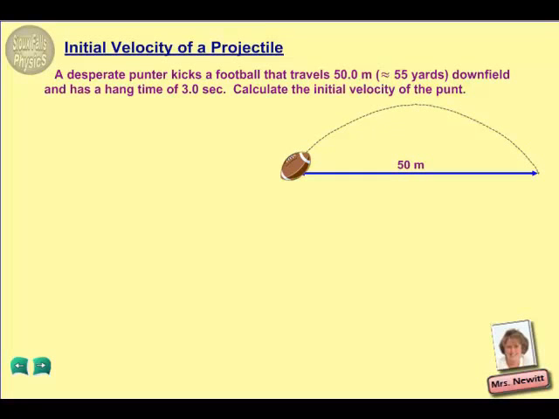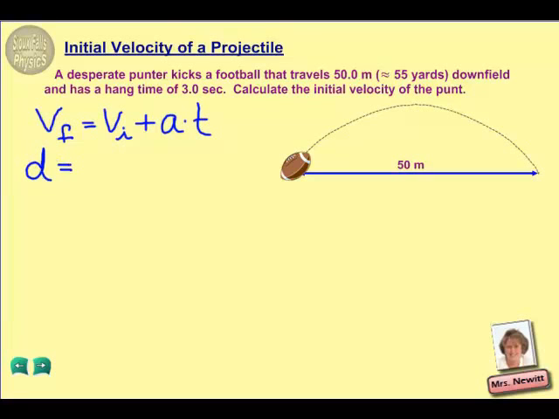And remember that there are two basic equations. One is the equation for velocity, and that is that the final velocity is equal to initial velocity plus acceleration times time. The second equation we'll be using is the one for position.